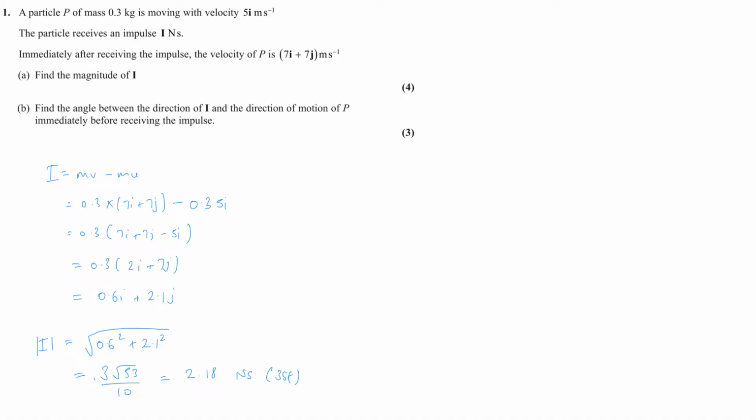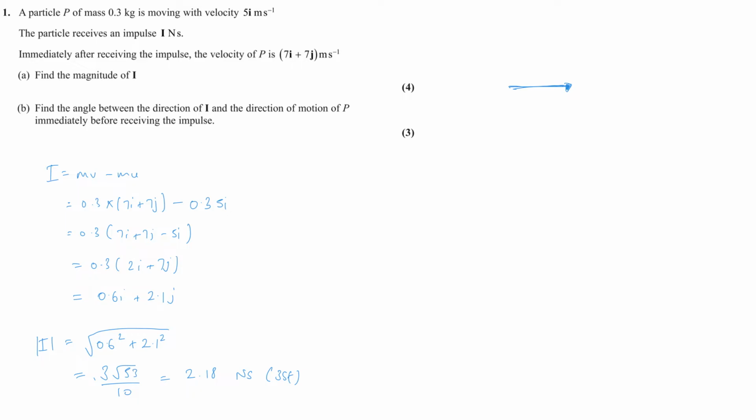Now part B, find the angle between the direction of I and the direction of motion of P immediately before receiving the impulse. So immediately before, it was travelling at 5i, so that's the way it was travelling before.